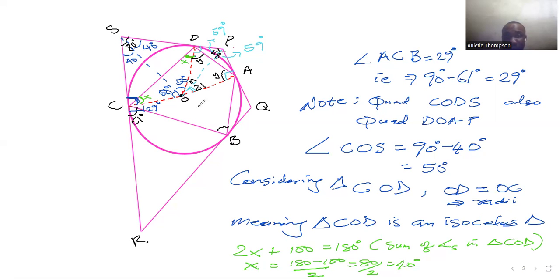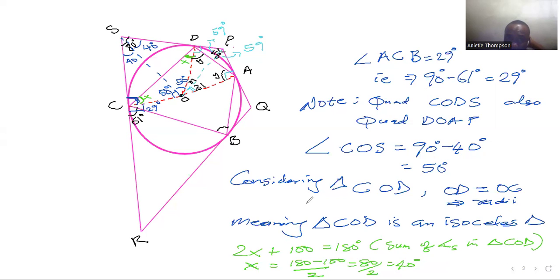Nobody really has information about that. So I'm going to use this theorem. The angle at the center, or this reflex angle here, equals 2 times the angle at this point on the circumference.